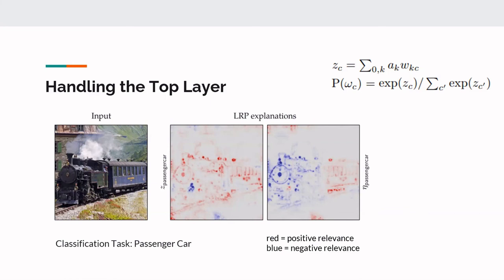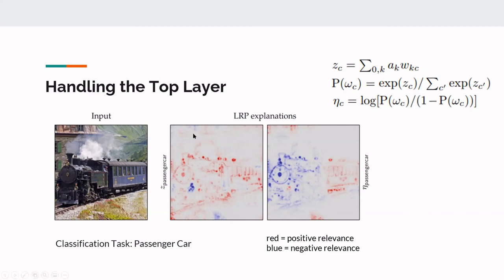And the explanation it's being compared to on the right is eta sub C. And eta sub C actually takes into account features increasing the probability of other classes other than the actual predicted class of the model.